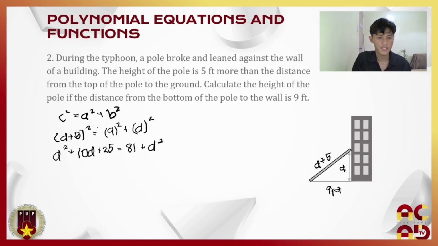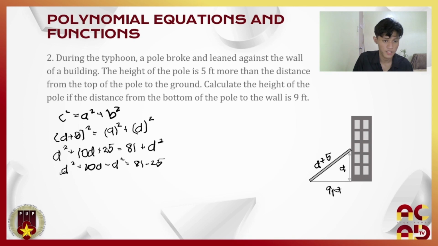So ipapagsama na natin yung mga like terms sa isang side and then yung mga constant sa isang side. So copy natin tong d squared plus 10d. So from positive d squared magiging negative d squared. So copy 81, ita-transpose natin yung positive 25 magiging negative 25.